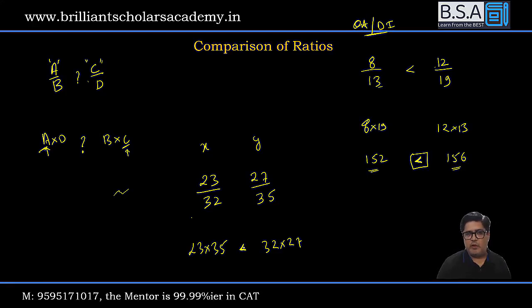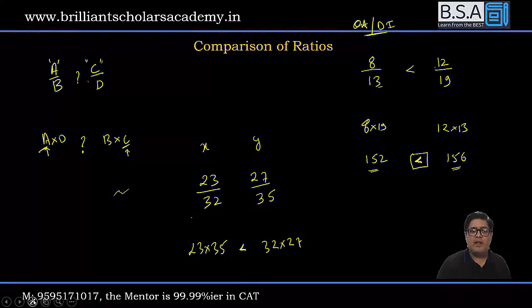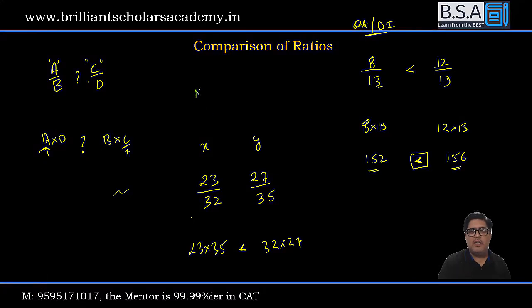I agree with you. Now what I am showing you, learn it properly. These are very, very specific tricks. Observe. In any ratio, when the numerator is less than denominator, it is called a proper ratio. Listen to this.